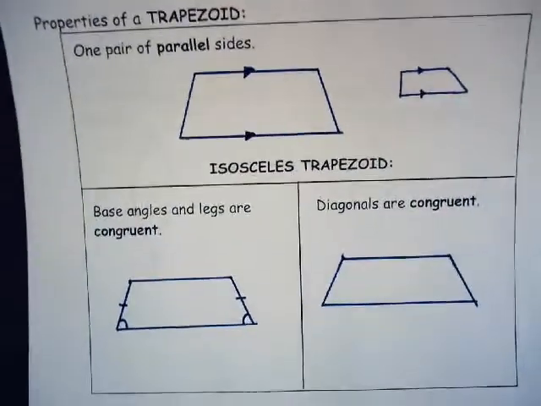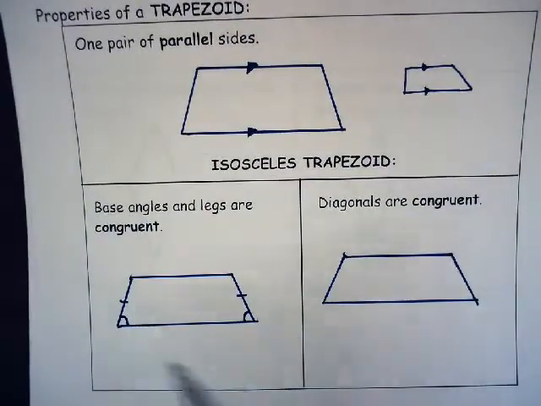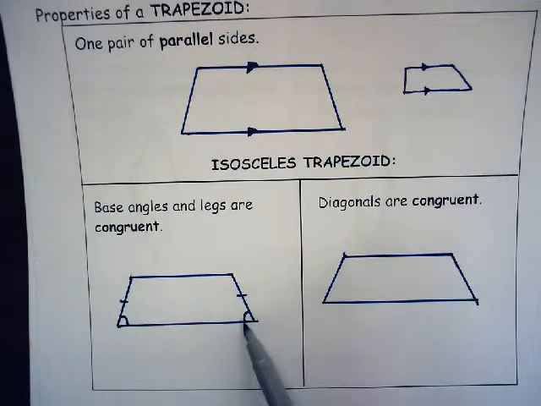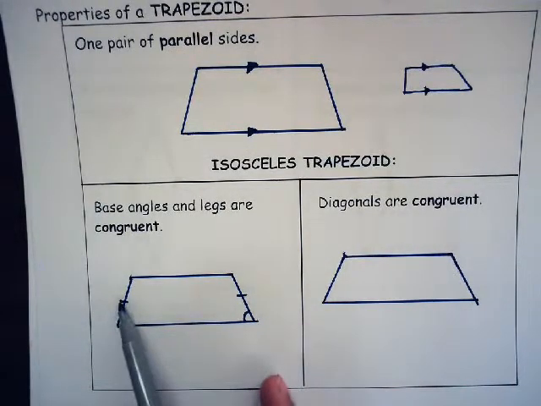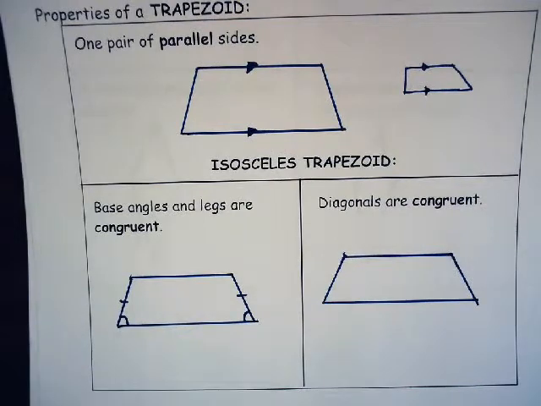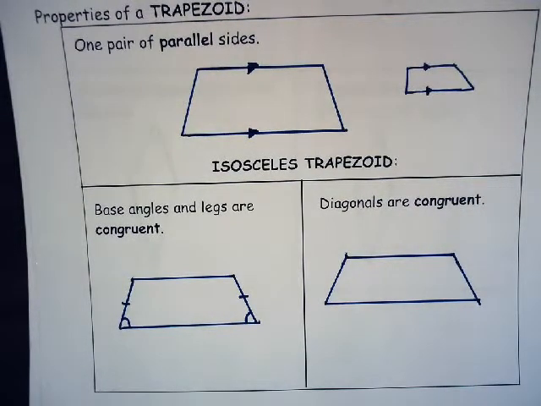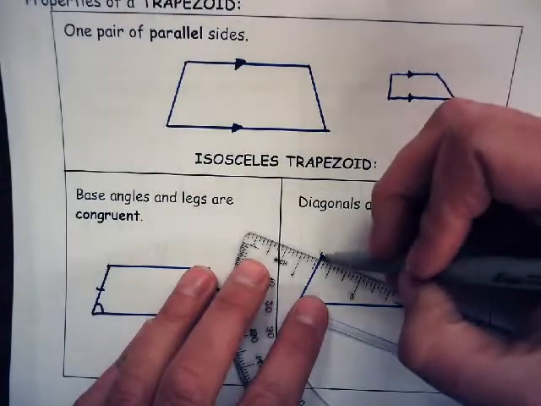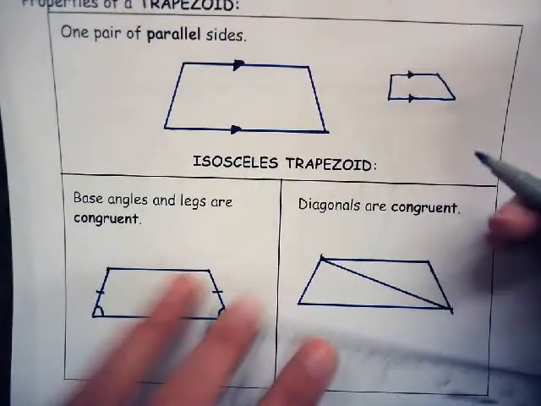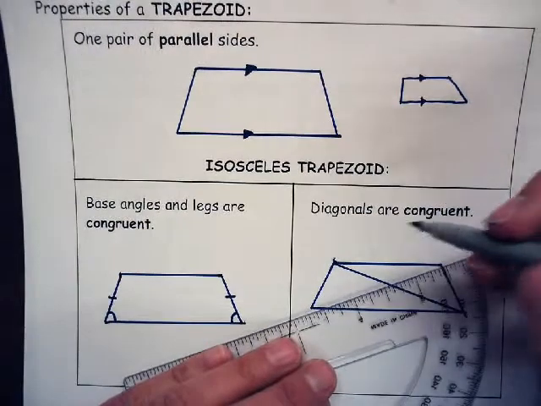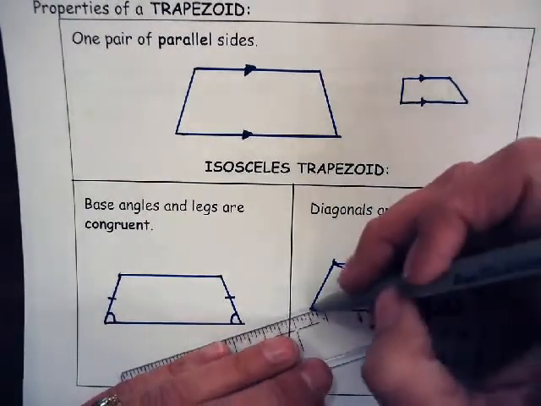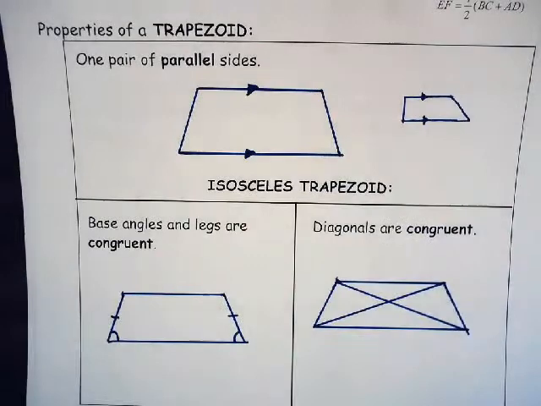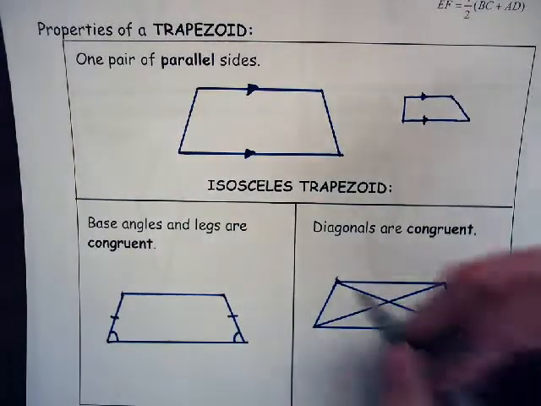Okay, and then an isosceles trapezoid has congruent base angles, and the legs are congruent. So these two legs are congruent to each other. On an isosceles trapezoid, the diagonals are also congruent. So if I drew a diagonal from here to here, and this one from here to here, then those two lengths are the same.